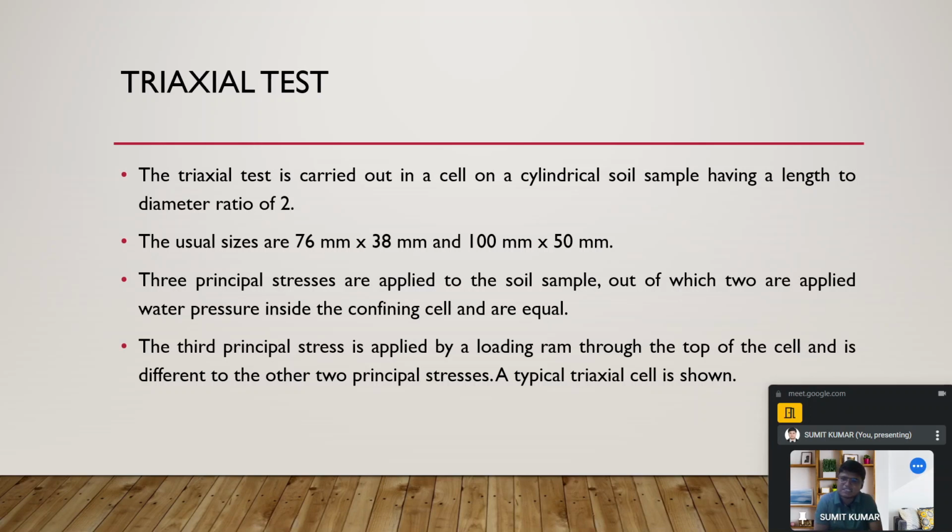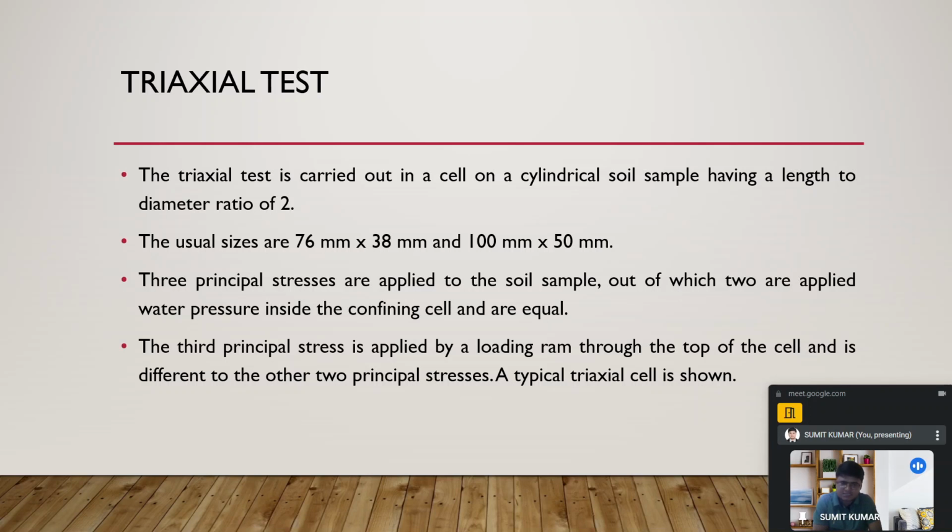The triaxial test is carried out in a cell on a cylindrical soil sample having a length to diameter ratio of 2, and the usual sizes are 76 mm by 38 mm and 100 mm by 50 mm. Three principal stresses are applied to the soil, out of which two are applied by water pressure inside the confining cell and are always equal.